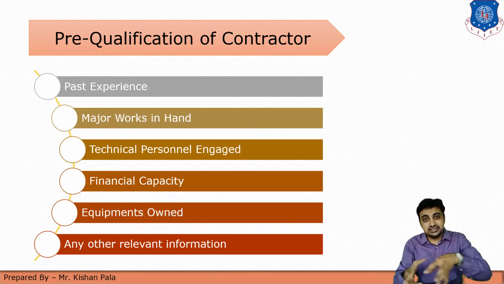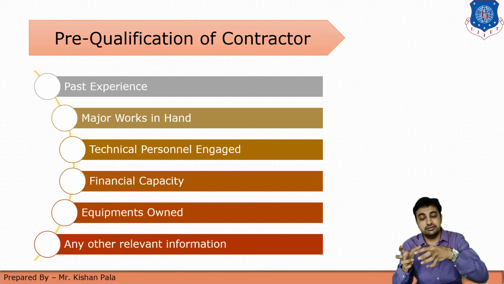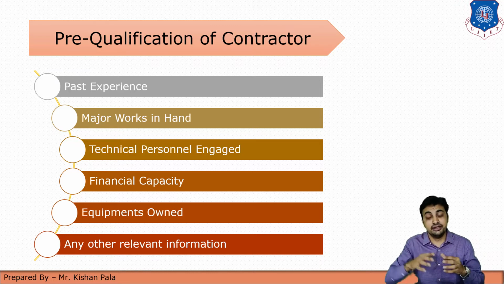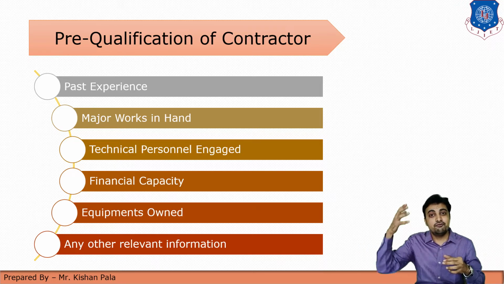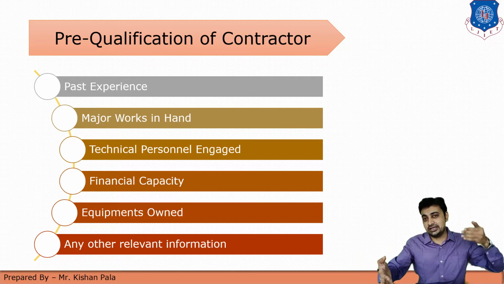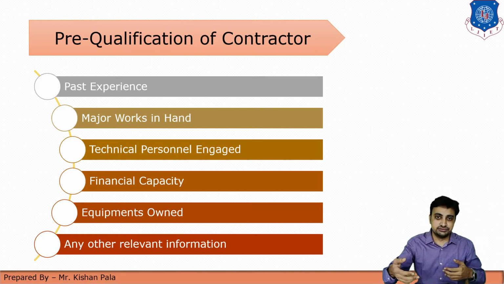So the financial capacity will be considered for the pre-qualification of the contractor. If the contractor has the financial capacity to do this work, the client or owner will select him for the bidding process.